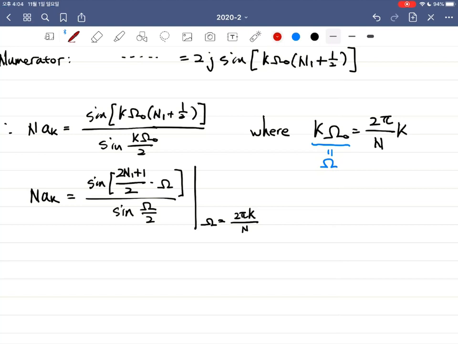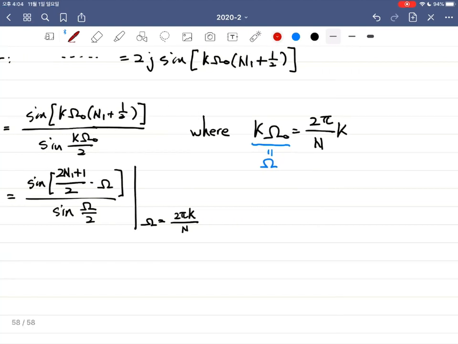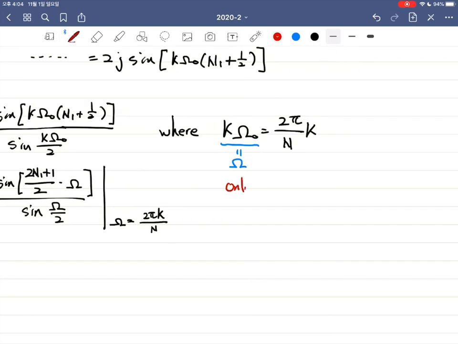So this means you can generate the value omega only by harmonically related frequencies. It's a multiple of omega 0, because k should be an integer.